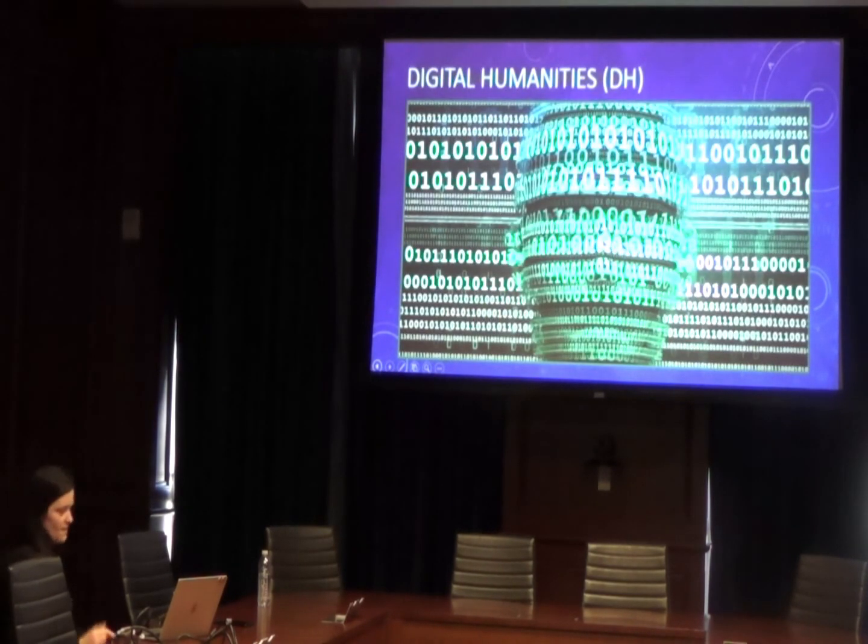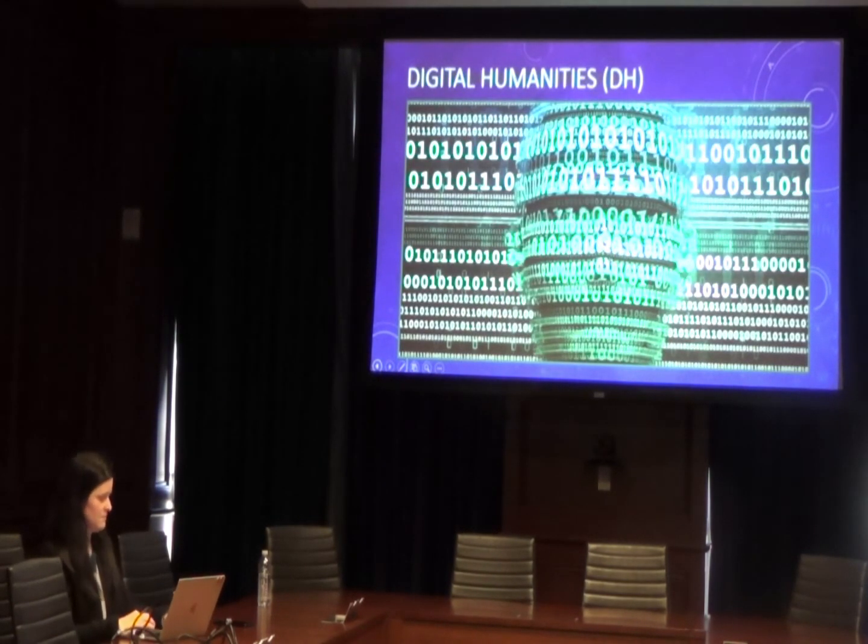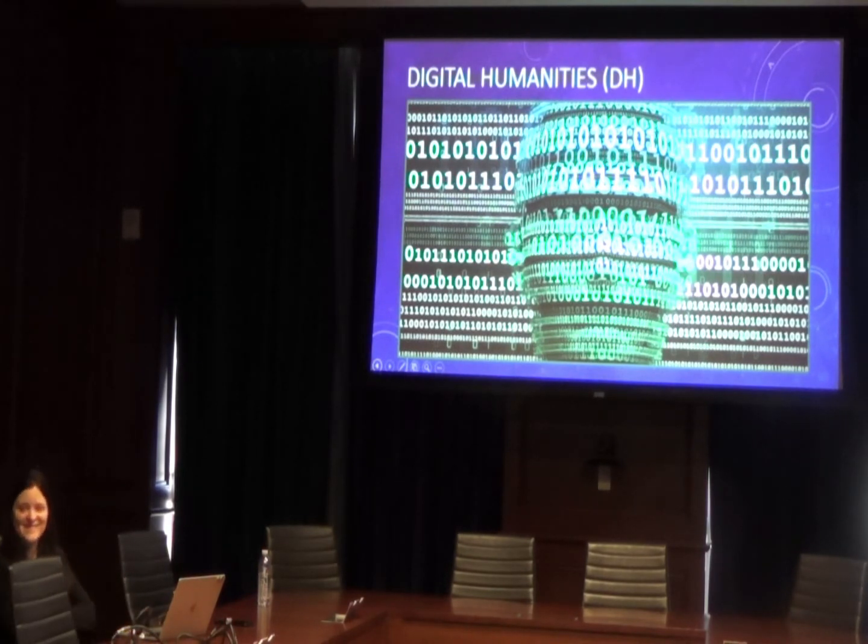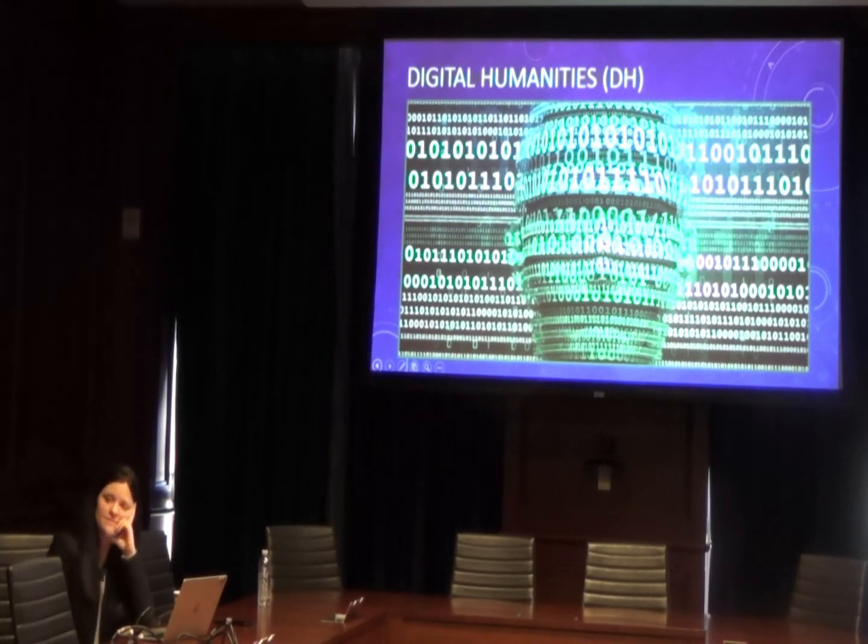If I start with the idea that digital mapping is a subset of digital humanities, it started around 1950 with the idea of humanities computing. So putting those two things together is an old idea. But the term digital humanities wasn't coined until 2001, right?